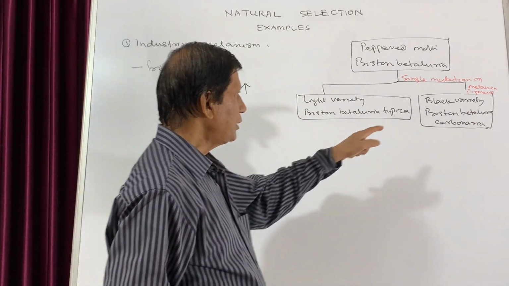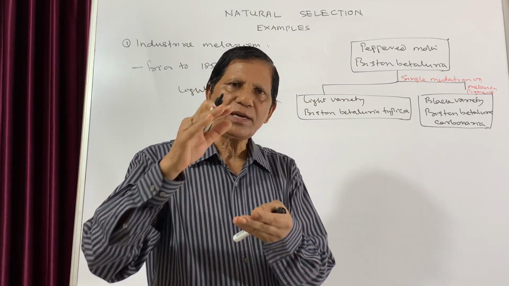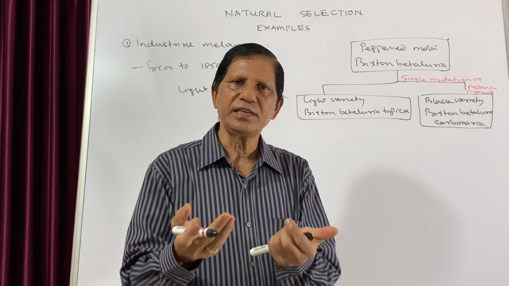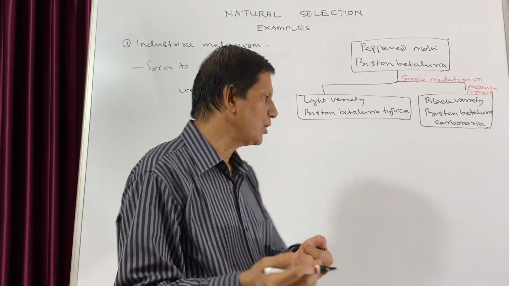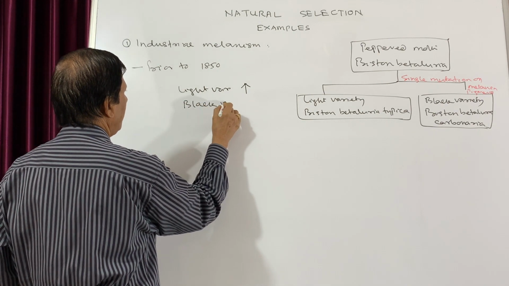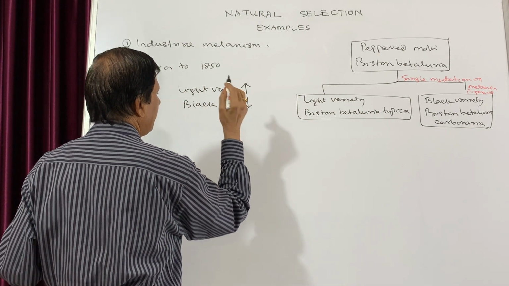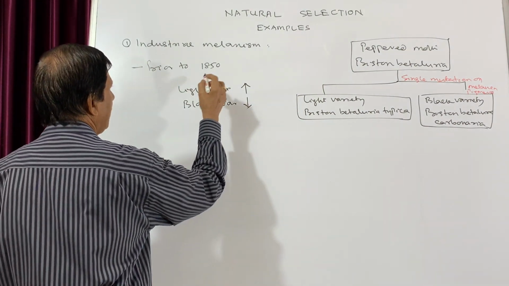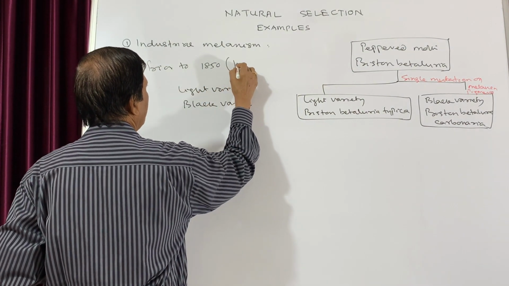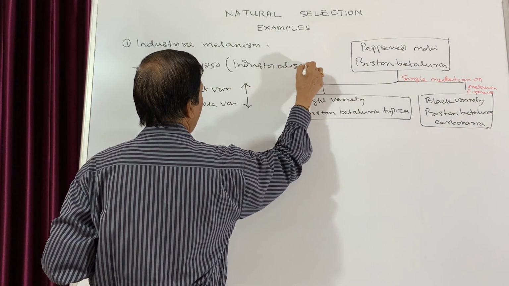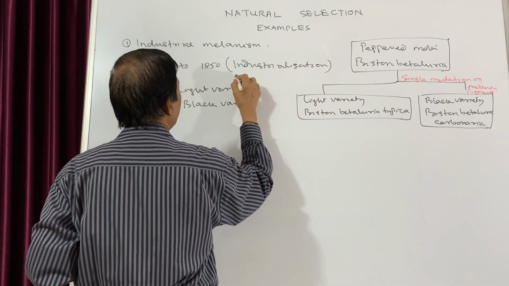But the black variety, when taking rest on the white lichens, is easily detected by the predators. So the black variety's number decreased. So this is prior to industrialization in England.